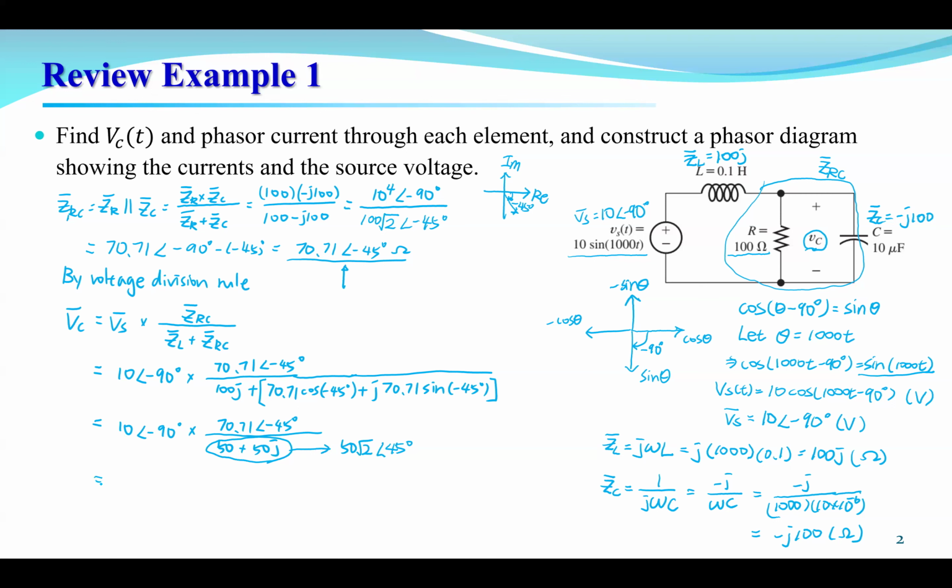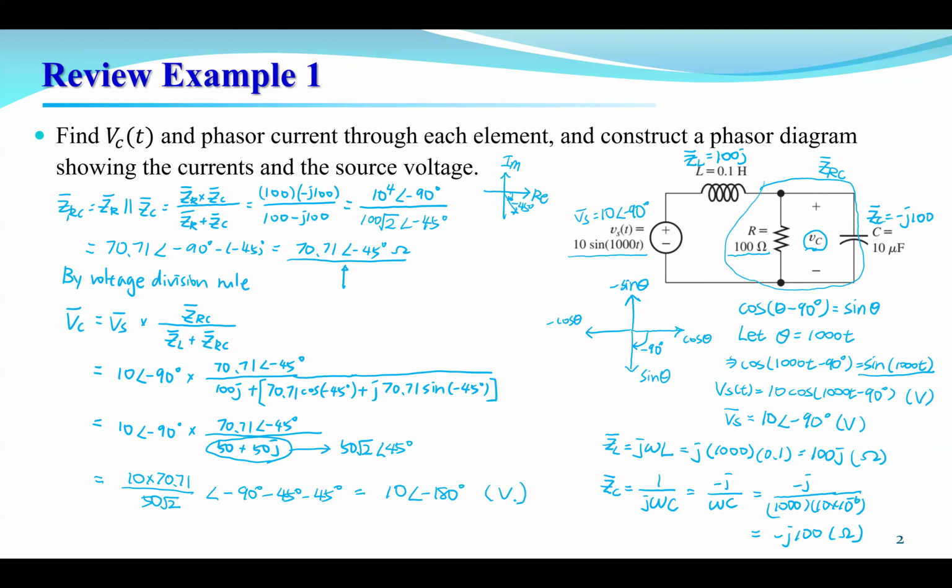So we calculate 10 times 70.71 divided by 50 times square root of 2, and the angle is minus 90 minus 45 minus 45 degrees. The amplitude is 10, the angle is minus 180 degrees, and the unit is volt.